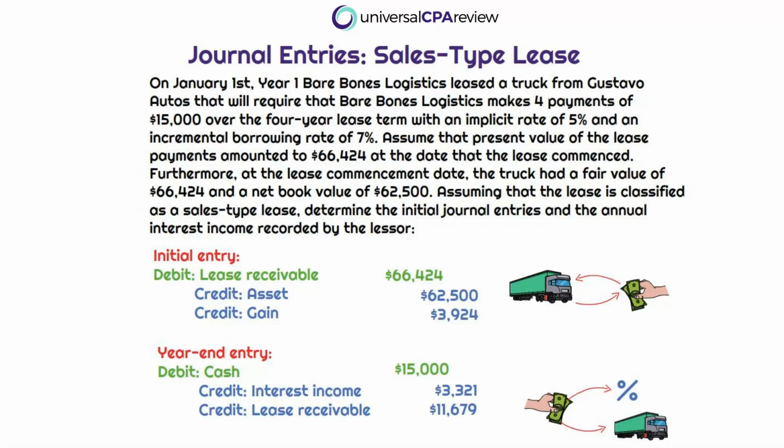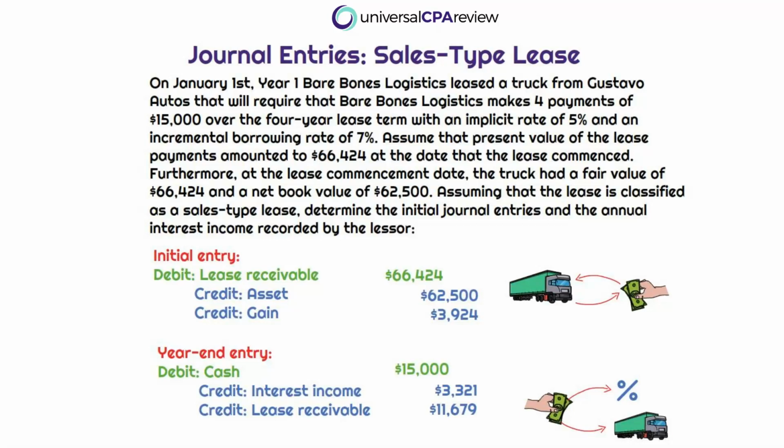We also know that the truck had a fair value of that same $66,424 amount, but a book value of $62,500. So assuming that this is a sales type lease, we want to determine the initial journal entry and the interest income associated with the periodic lease payments.